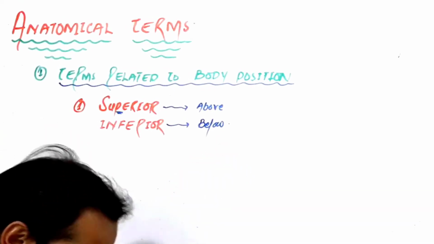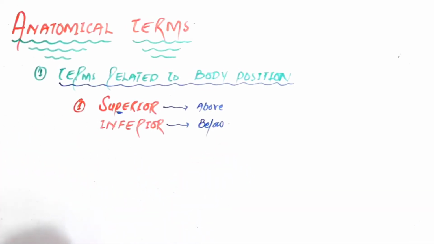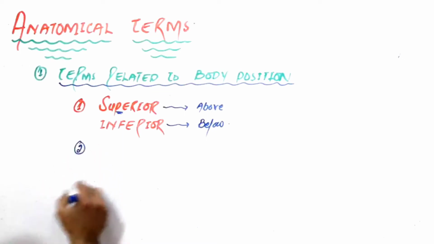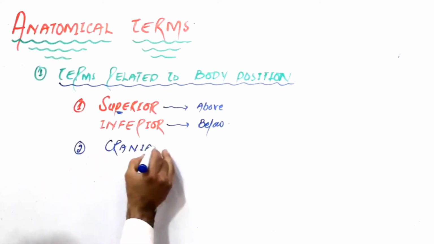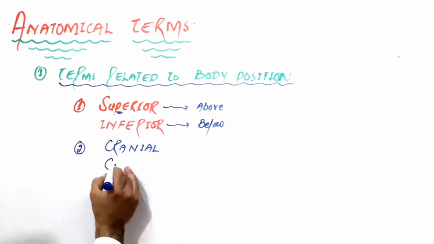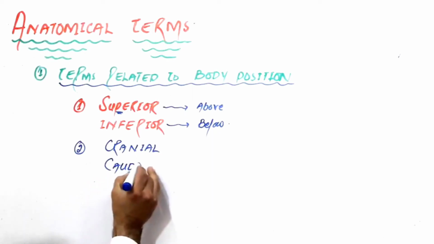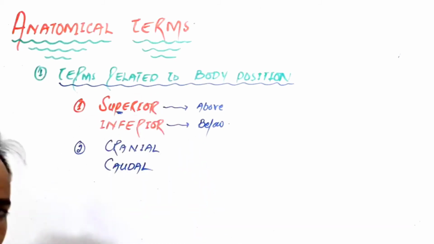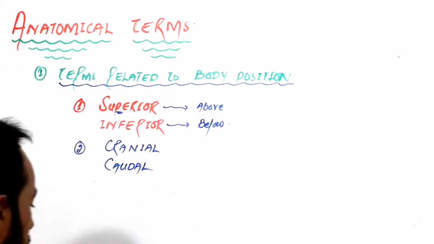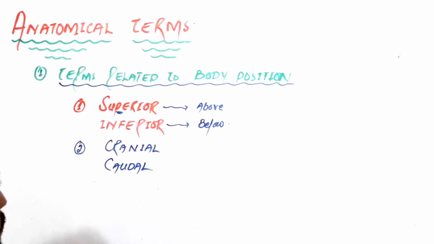Clear, friends? Now we can also use these terms as cranial and caudal. Right? Both of them are the same as them. Look, cranial. I will write it again here.